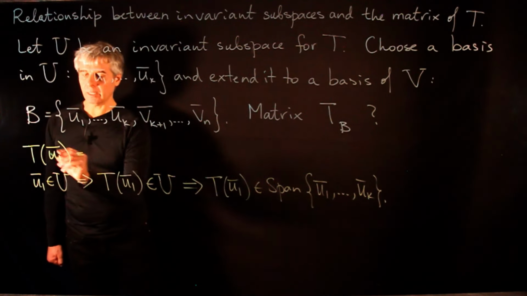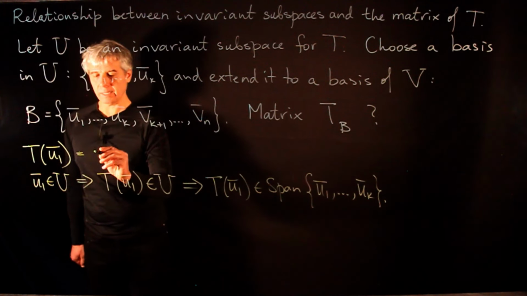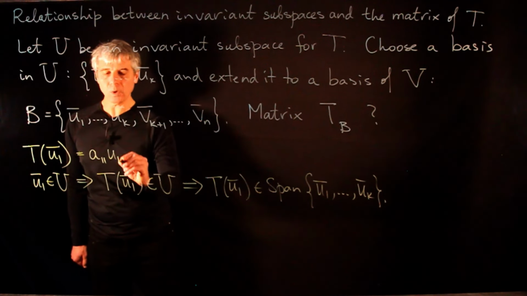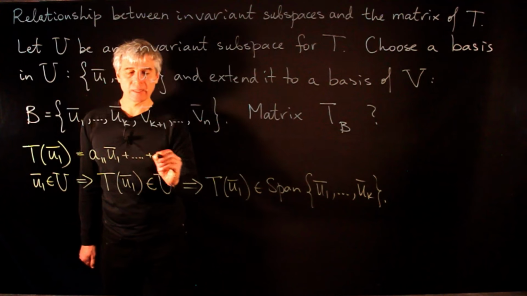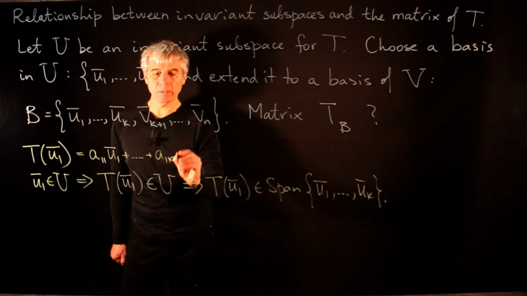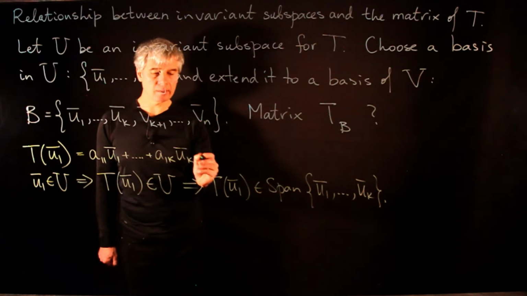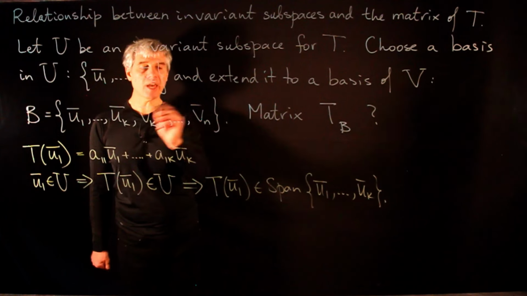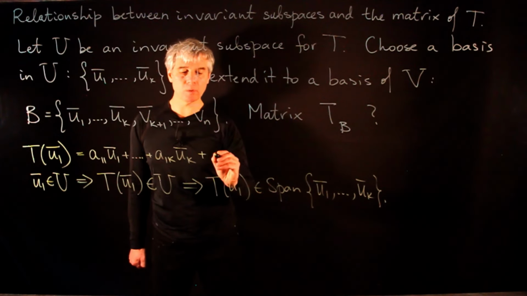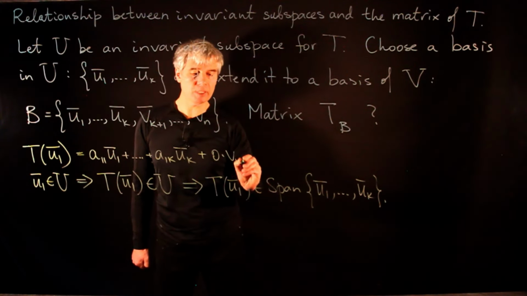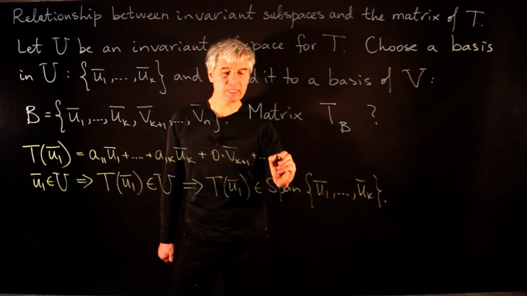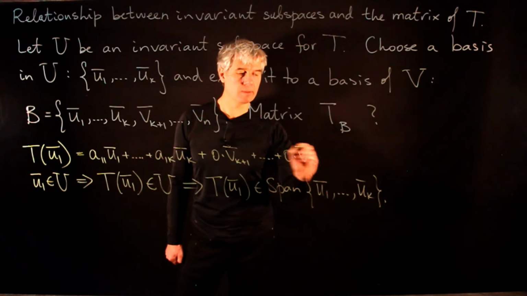And so we can expand T of u1 as a11 u1 plus ... plus a1k uk. And we don't need the remaining vectors in this expansion. So here we're going to put 0 times v_{k+1} plus ... plus 0 times v_n.